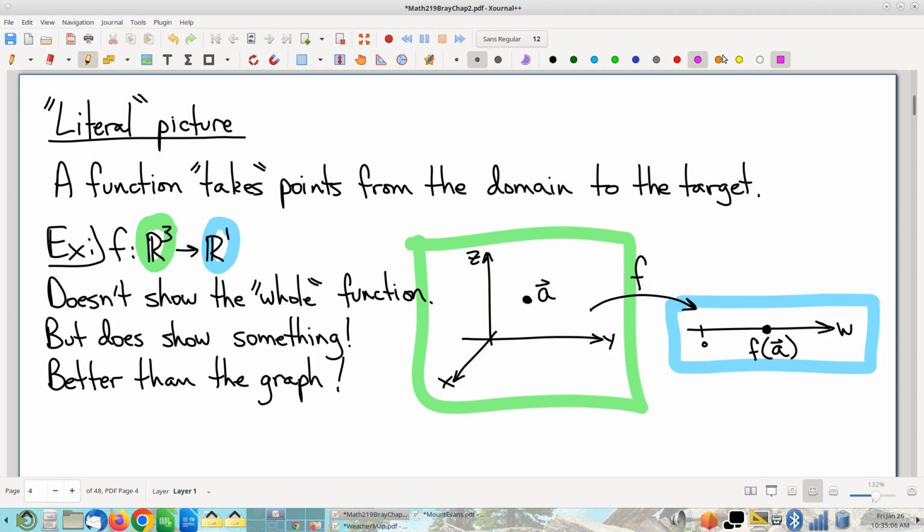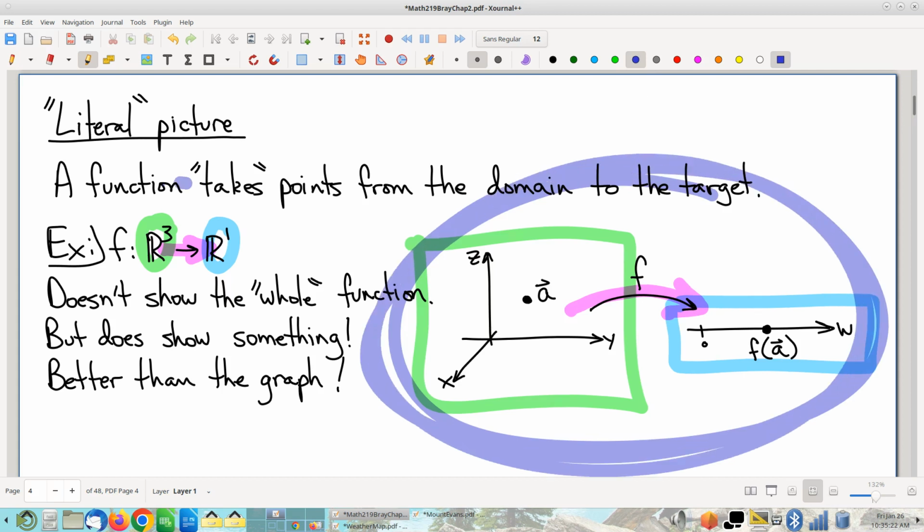And what does the function do? The function takes points out of the input and drops them into the target. And so I'm going to kind of draw at least a representation of that action of what the function is doing. And check it out. I have just drawn a picture that's just documenting exactly what's happening in the function. So thus my choice to call this the literal picture.